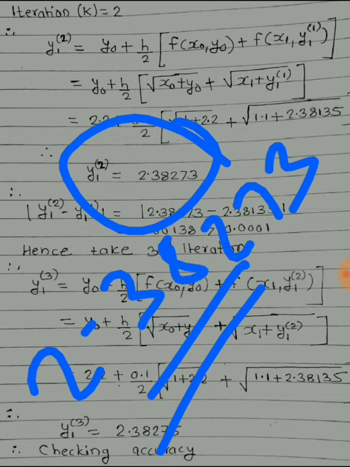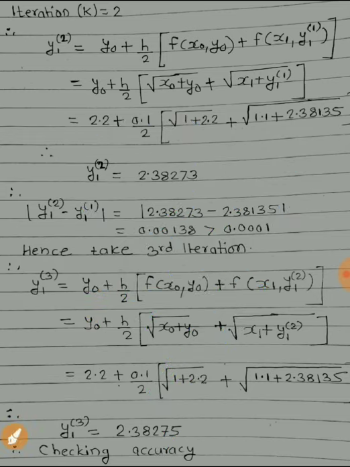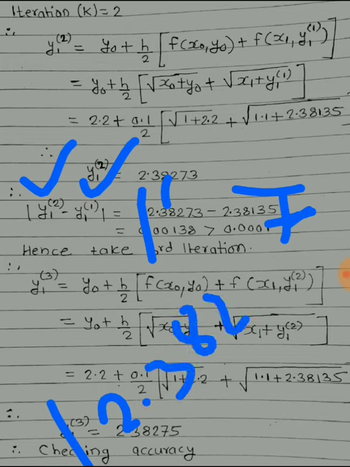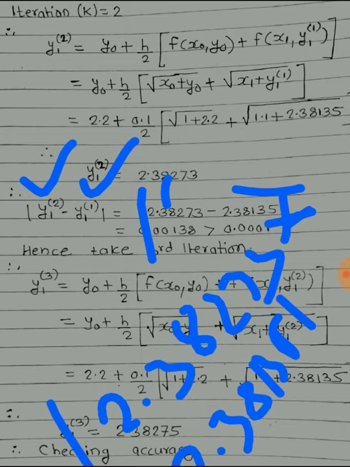Now I need to check whether this value is correct or not. To check that, I take the second corrected value of y1 minus the first corrected value of y1, in magnitude. So that becomes 2.38273 minus the previous value, 2.38135.